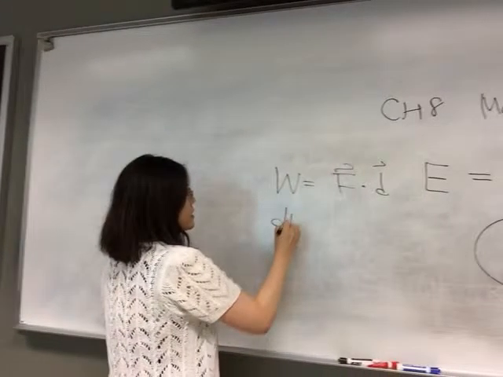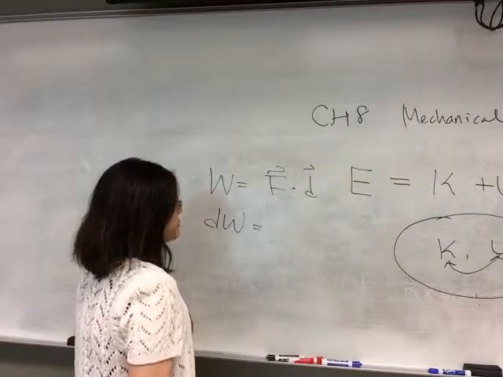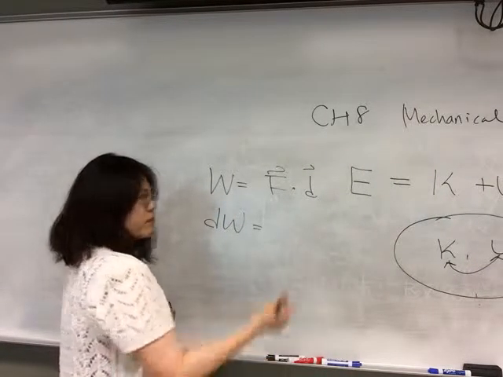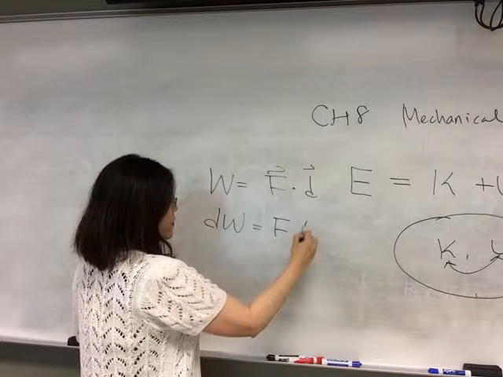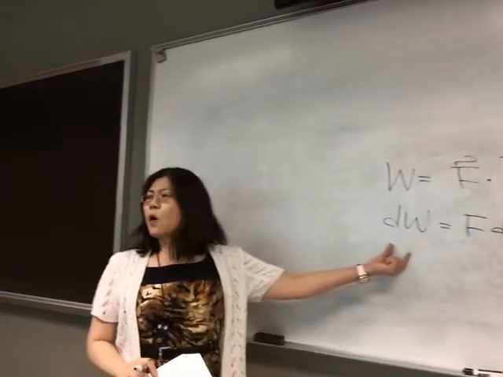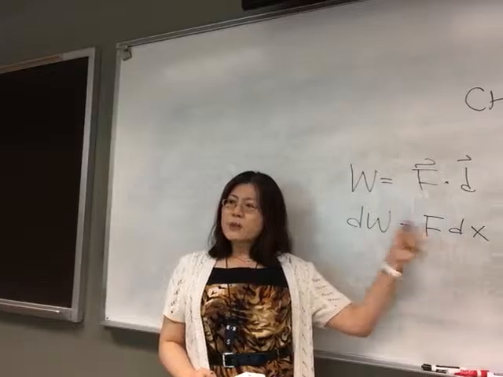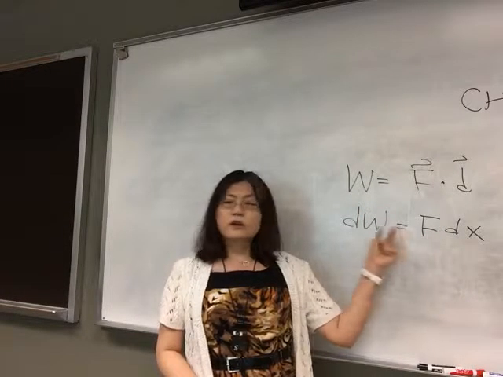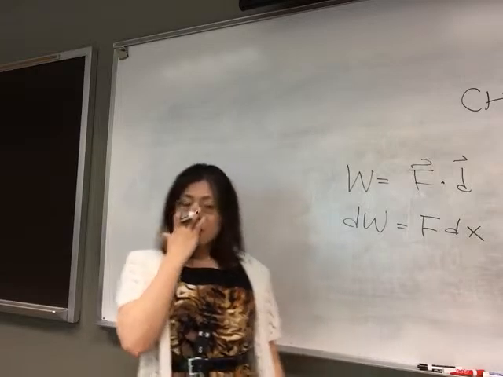Then you have your dW that's equal to, do you remember what that is? You have this F dx, right? So this is the small amount of work done by that force when the displacement is so small. So this is the differential form of work. So dW is equal to F dx, okay?